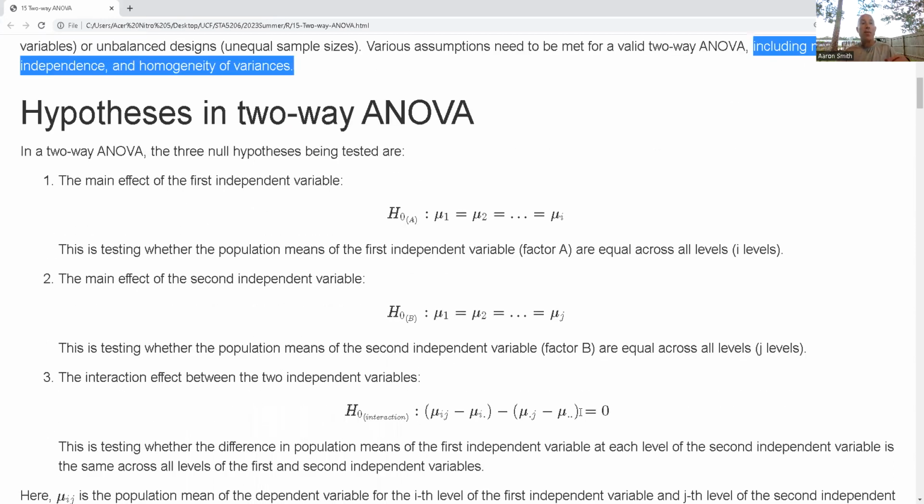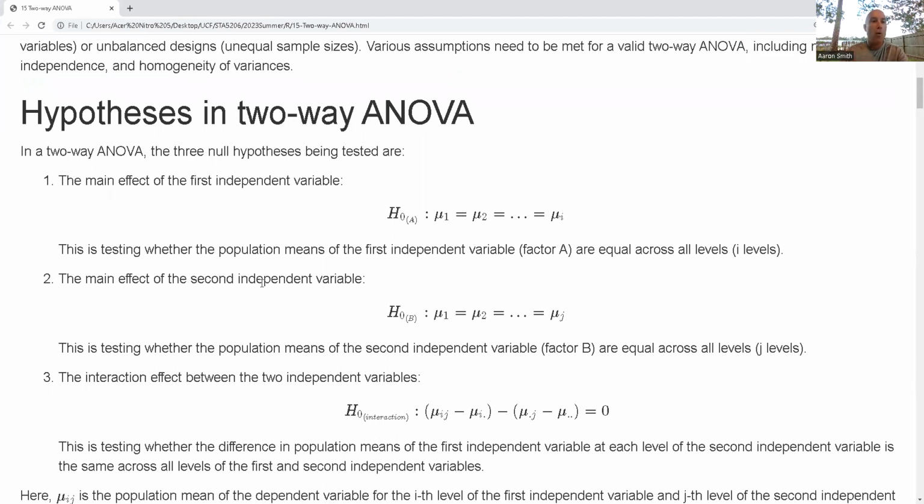Now let's look at the hypotheses in two-way ANOVA in a little bit more mathematical fashion. In two-way ANOVA, there are three null hypotheses. There's one for the first independent variable, one for the second independent variable, and then a third one for them together, the interaction.